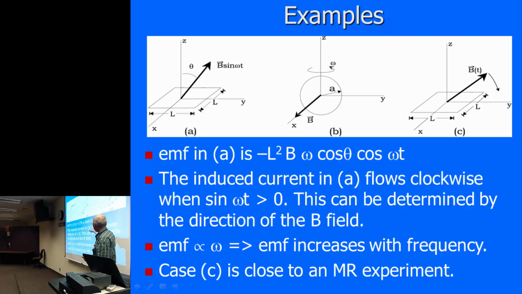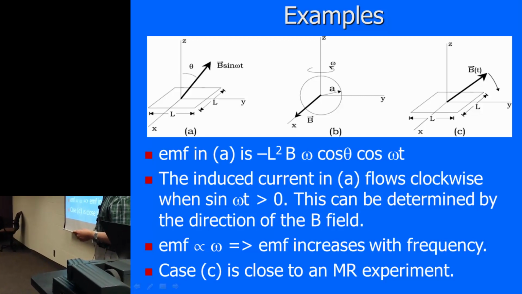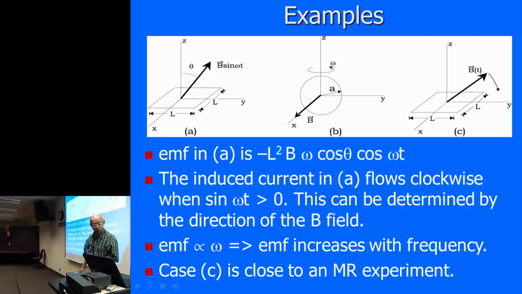But then of course the B field is changing. So if this sine omega t is negative, then of course you're changing the direction of the current as well. The next thing is, notice that when we calculate the EMF and the voltage, we have this frequency dependence.